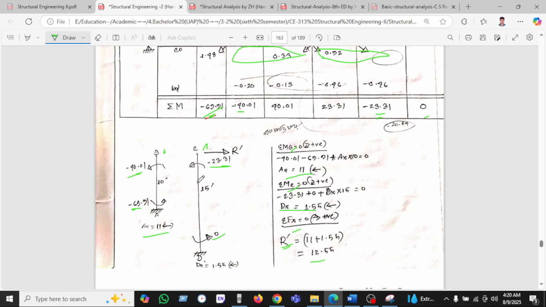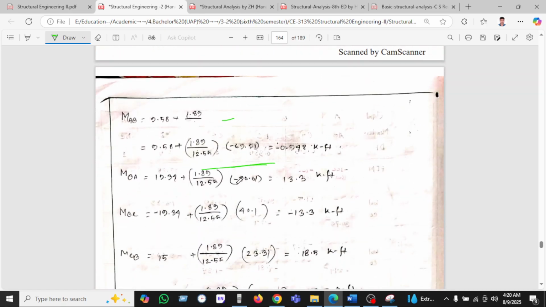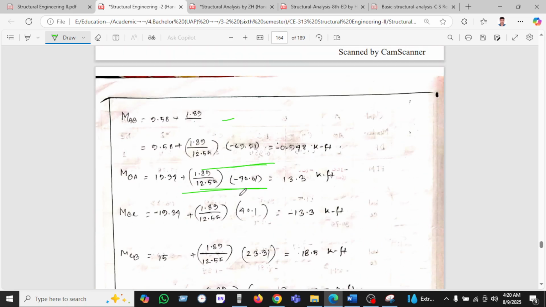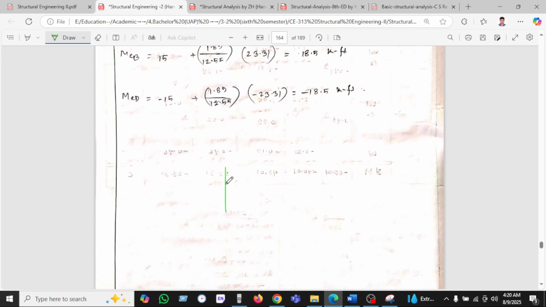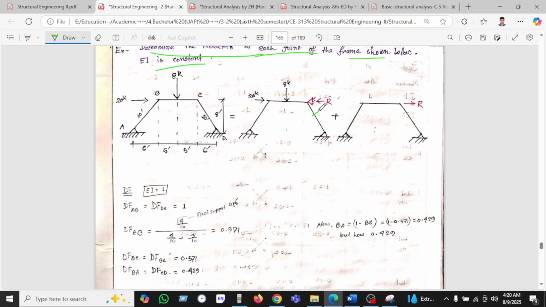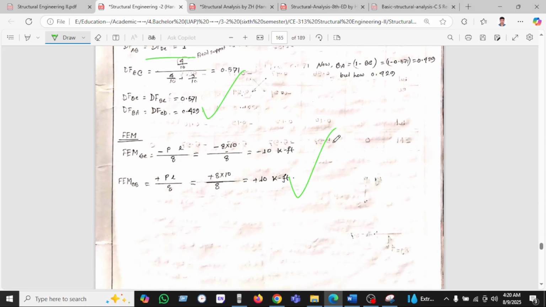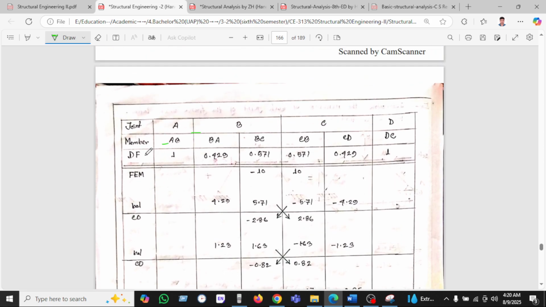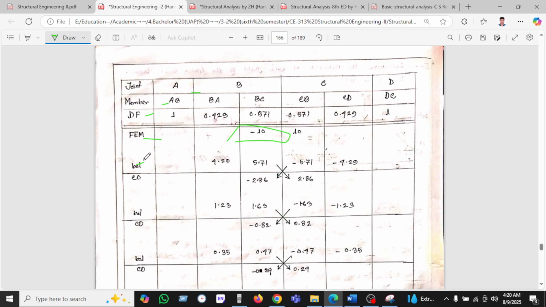After calculating, all these values have been found here, and we draw the moment diagram also. Now we can see the determined moment at each joint of the frame is shown here. The constants we have seen here. So the distribution factor we have been putting here, the moment distribution.